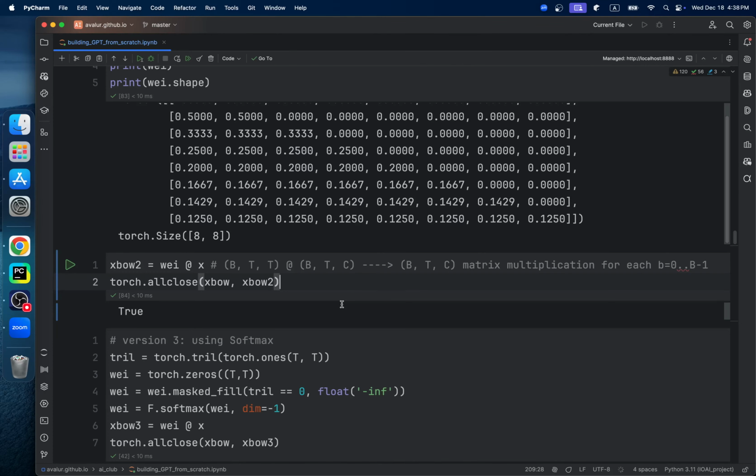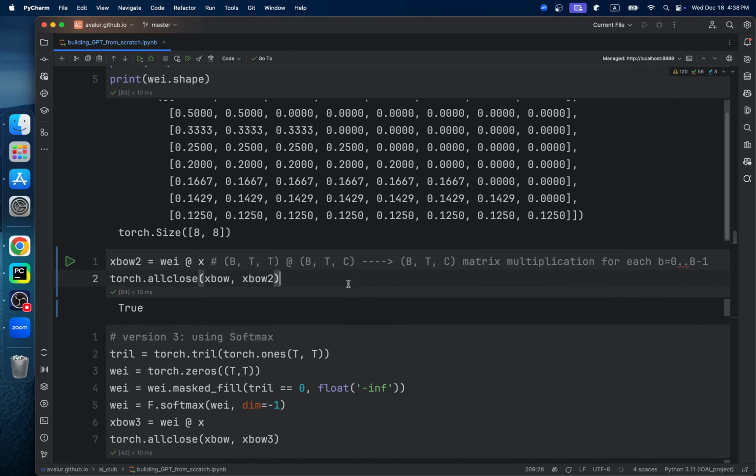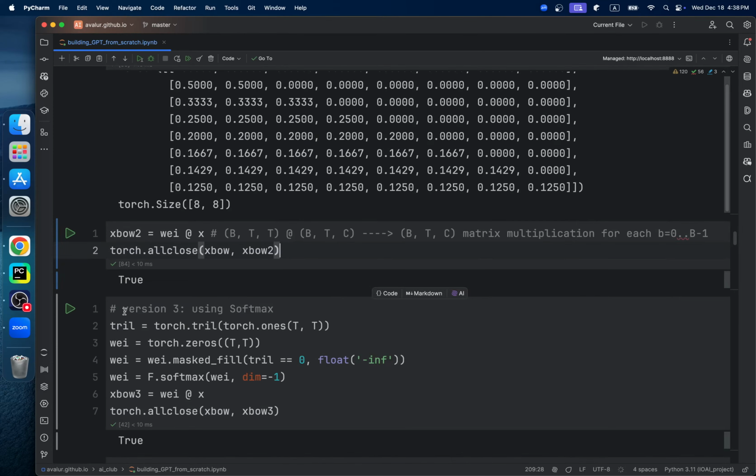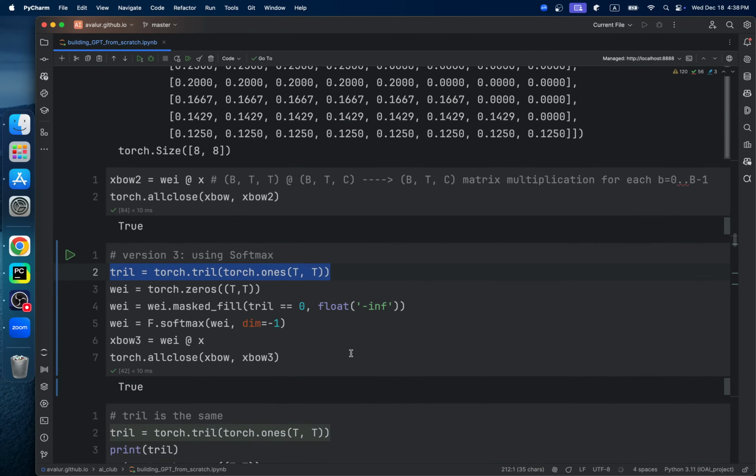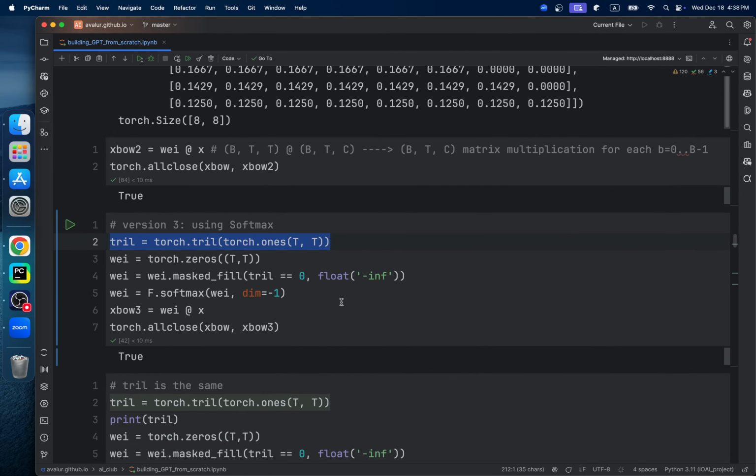But it is not the end. The next step is again doing the same, but in a third way. We again start with a lower triangular matrix, but then instead of matrix multiplication, we want to use the softmax operation from PyTorch.